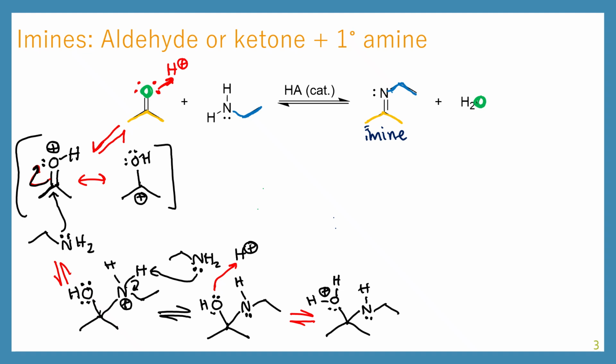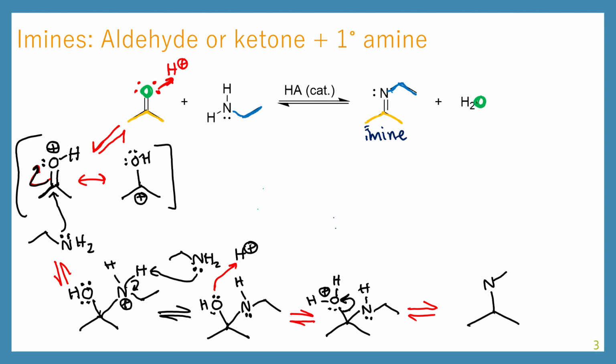Okay, so now we can show the water leaving. You could even show the amine kicking it out if you wanted. A lot of people do. It's not really necessary. I'm trying to keep it looking similar to what you've seen before.